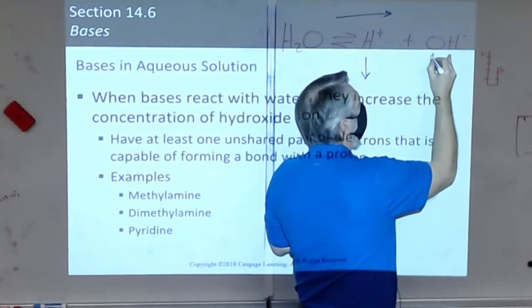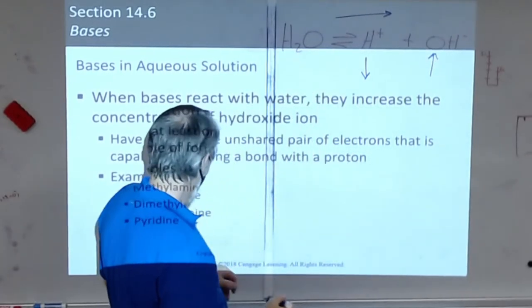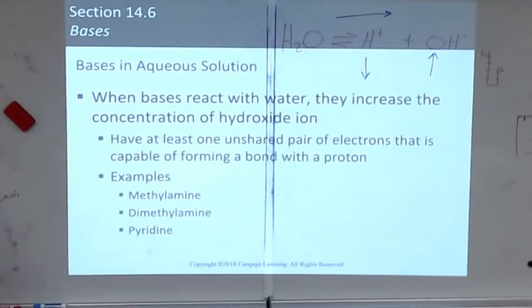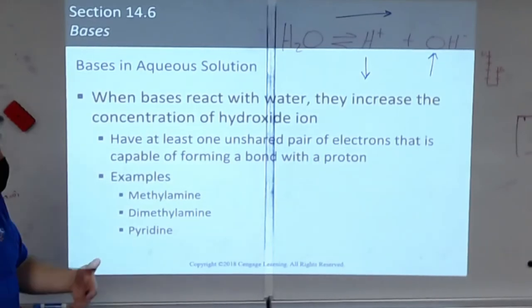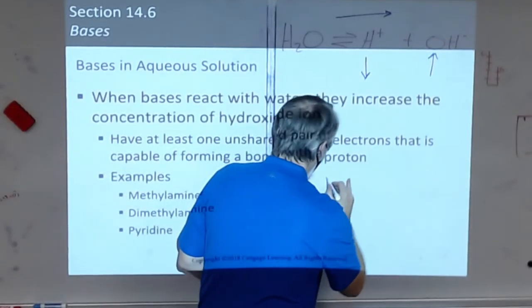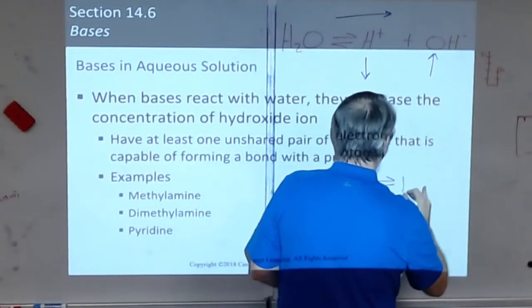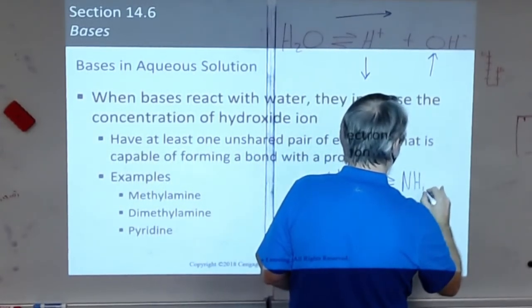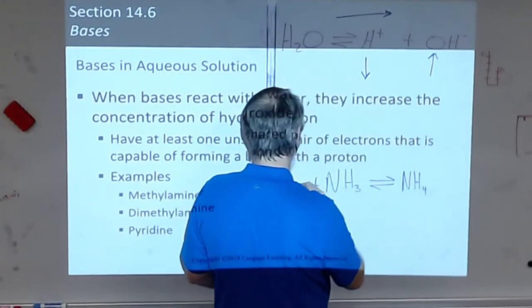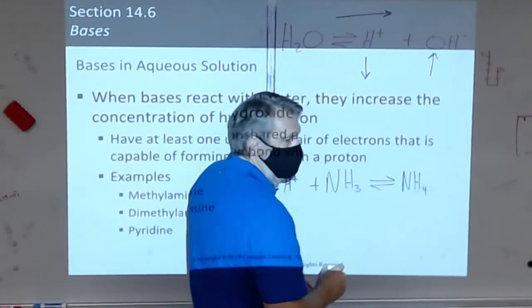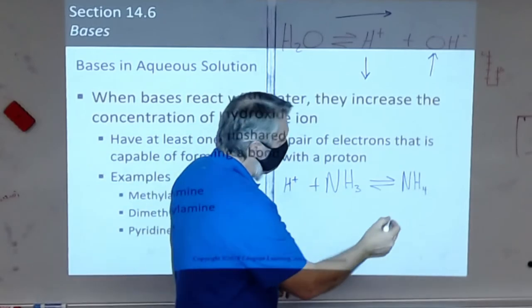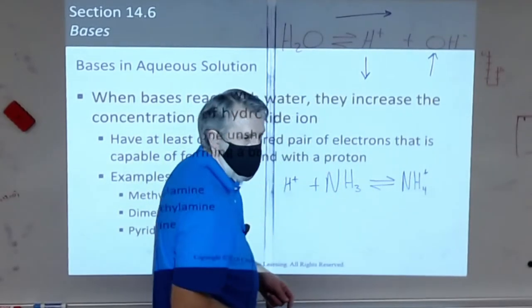It's going to increase. That's how things like this, well, let's stick with something simple, ammonia, which is NH3, can become NH4. Should probably put a little H plus here. It's going to become NH4 plus.